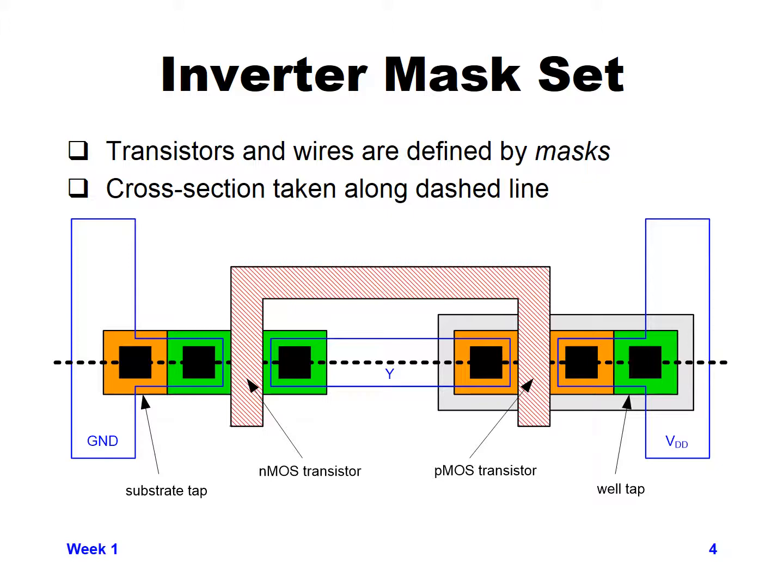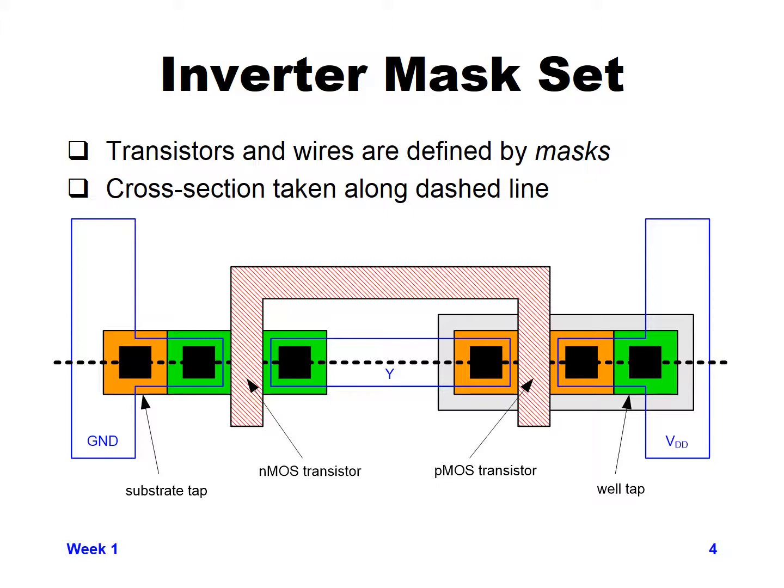Then we have the P plus regions, which are the orange ones. There's one on the left hand side, which is a P plus connection to the substrate, and then the two that are more on the right hand side are P plus regions for our P plus source and drain of our PMOS transistor.